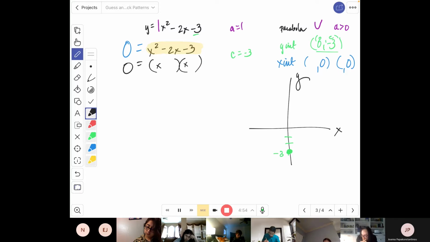Has everybody had a chance to factor? Looks like some people are still factoring. I love that you have it. Ariana, Natalie, are you able to factor?